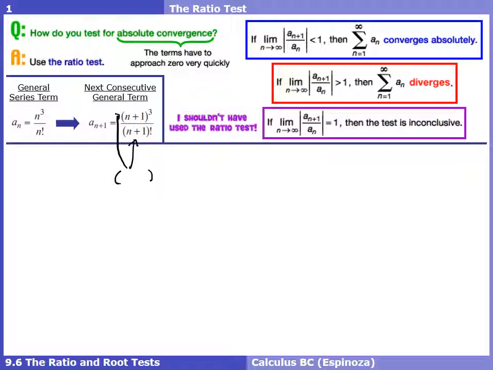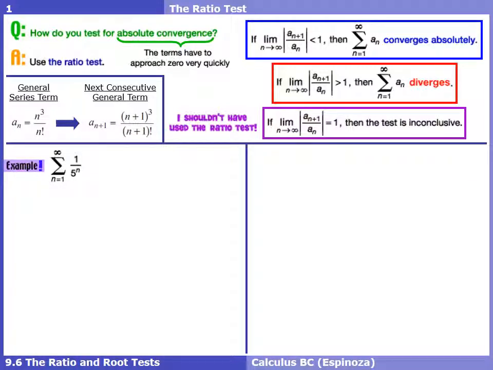As long as you do that, then the next consecutive general term, which is just a fancy way of saying a sub n plus 1, is going to be, in this case, n plus 1 all cubed over n plus 1 all factorial. So as long as you can handle setting up this fraction, then these problems really aren't too bad.